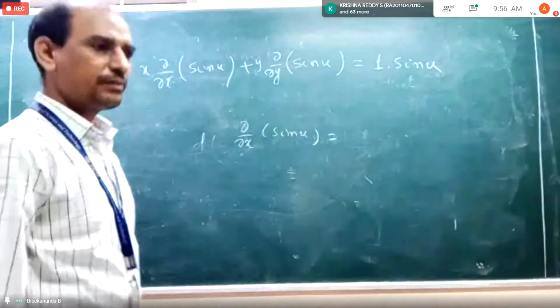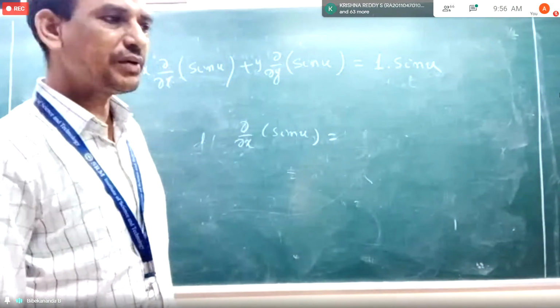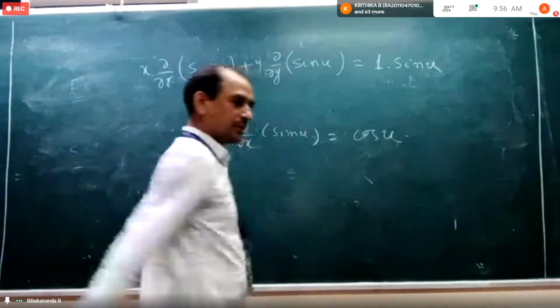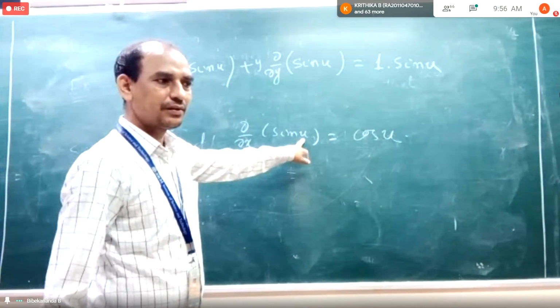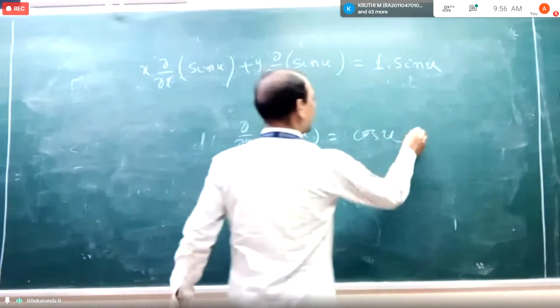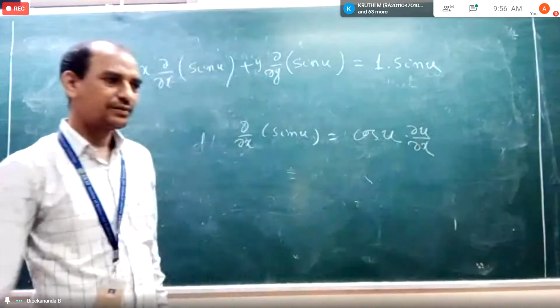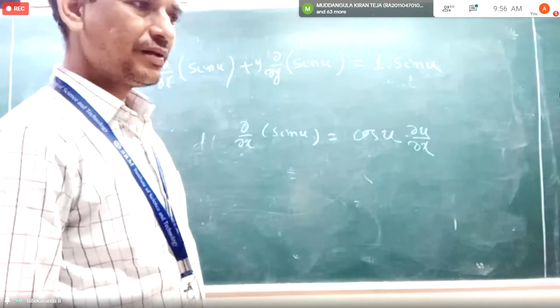What do you do? First you find the derivative of sine. What is the derivative of sine? Cos u. And then what is the remaining variable? u. So what will that be? Dou u by dou x. Is it fine? Yes, sir. Everybody got it?